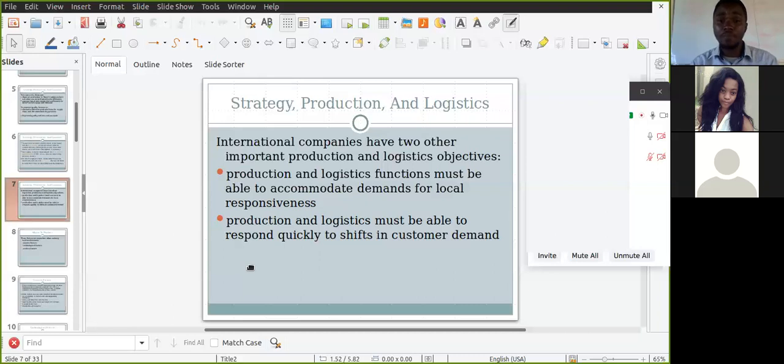They should be sharp, that the moment you see a shift in customer demand, you should also be able to have a shift in your supply chain or in your supply function or in your quantity supplied. You need to make sure that the quantity supplied is able to meet the changes in demand that people have shown to you.